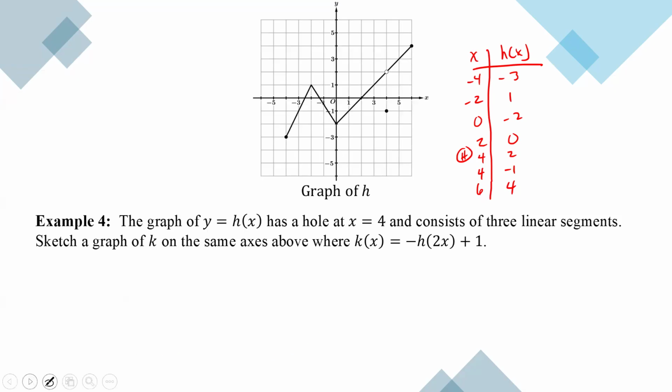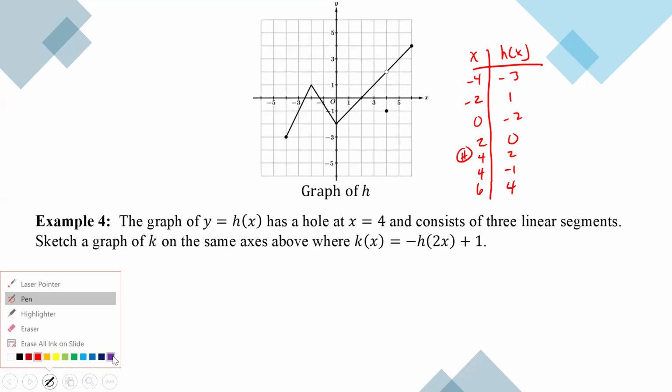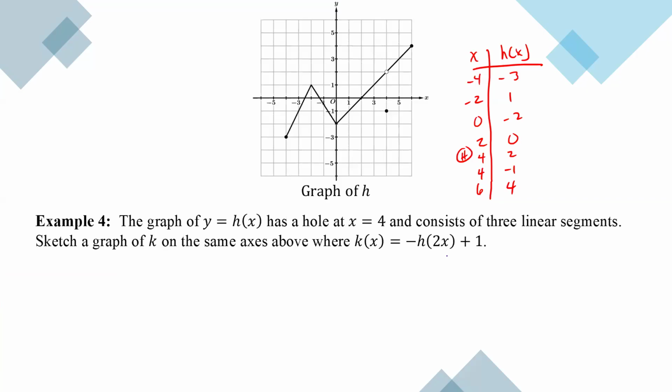Okay, so this transformation is telling me how my x's and my y's are being impacted, correct? The transformation we have is negative h of 2x plus 1. Okay, the negative, is that impacting my y's or my x's? Anything outside of the parentheses is y.